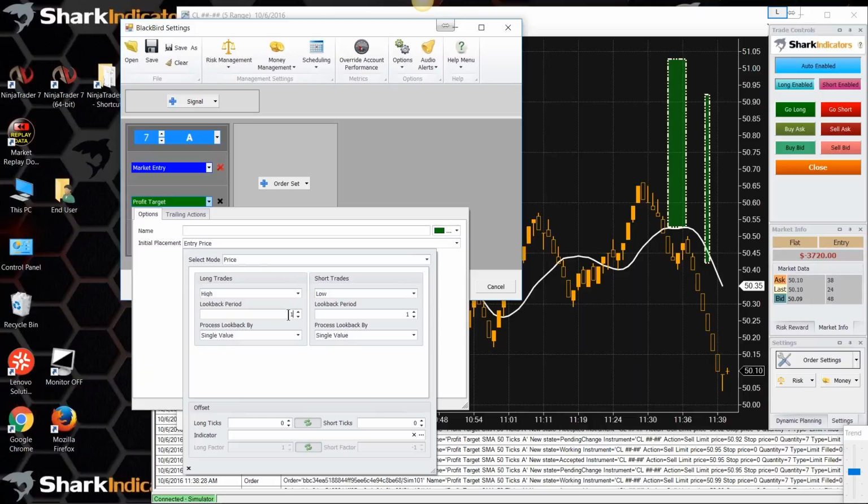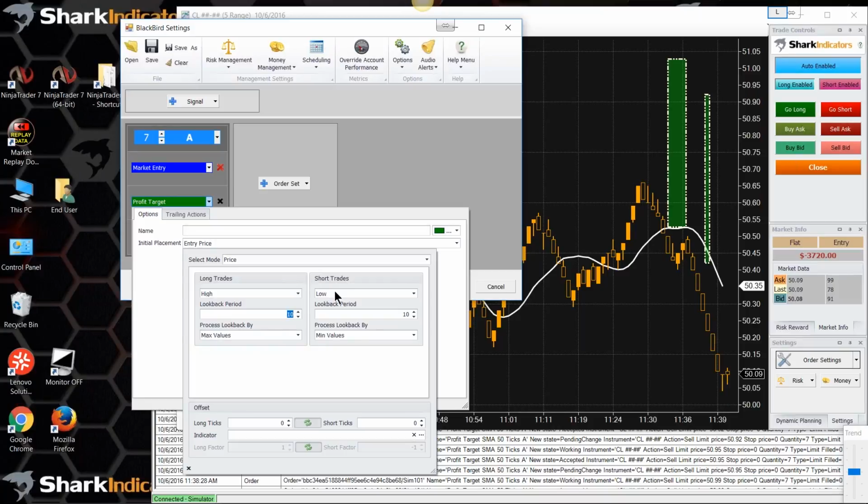And so let's say we want to find the highest high of the last 10 bars. So if we want to set our profit target to the highest high of the last 10 bars, then we set our look back to 10, and then we want to find the maximum value, right? So we want to find the maximum highest high, or the maximum highest price of the last 10 bars, like so.